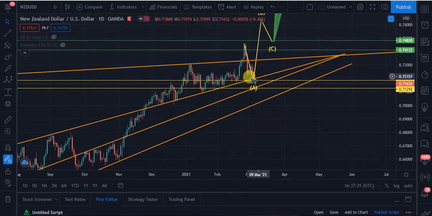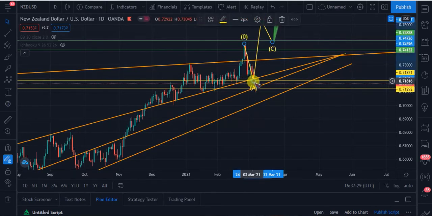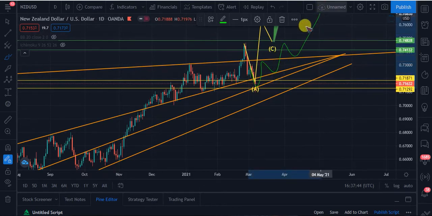So I'm expecting this particular level to hold this trend. I'm expecting it to bounce back from this level, take a little bounce from this point, go up, cross there, then break up and continue. That's what I'm expecting for NZD USD.